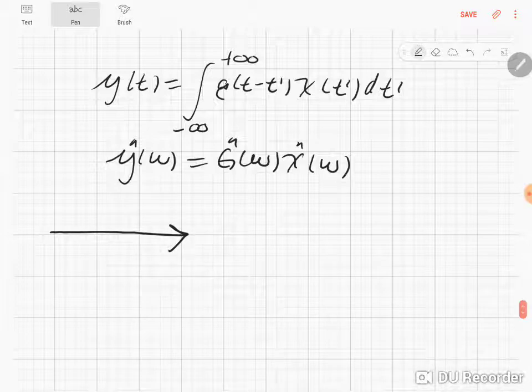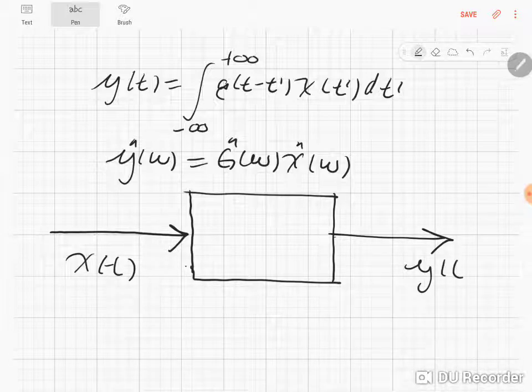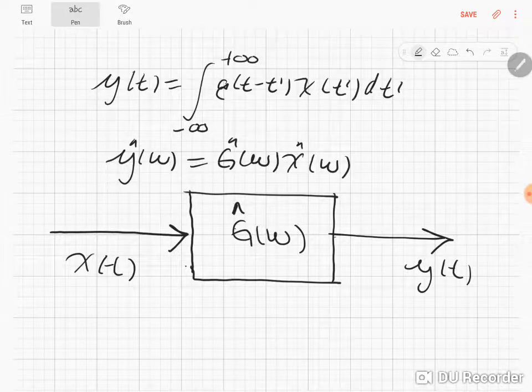You have an excitation on a dynamical system, which gives a response. The excitation is x of t, the response is y of t, and the system is characterized by just a function that we now know is the Fourier transform of the impulse response, which is g of omega.